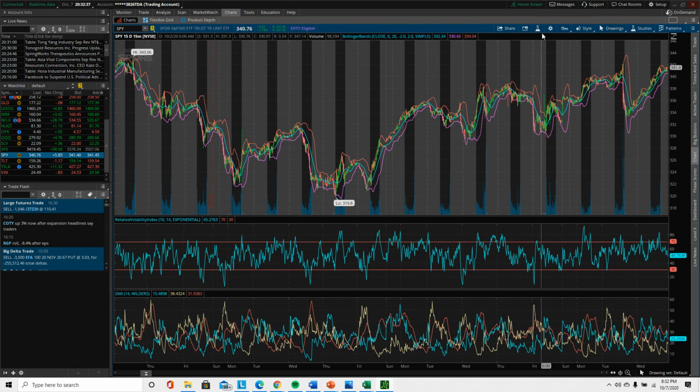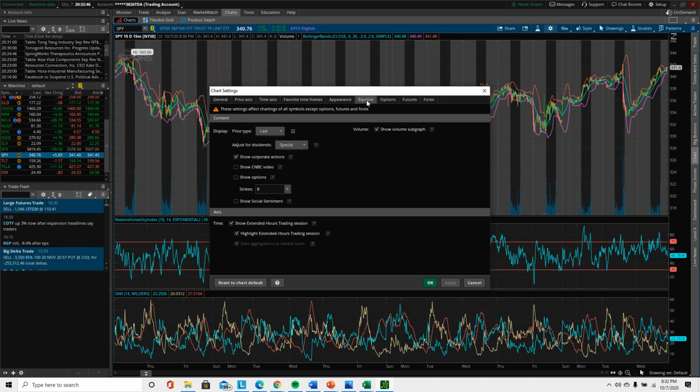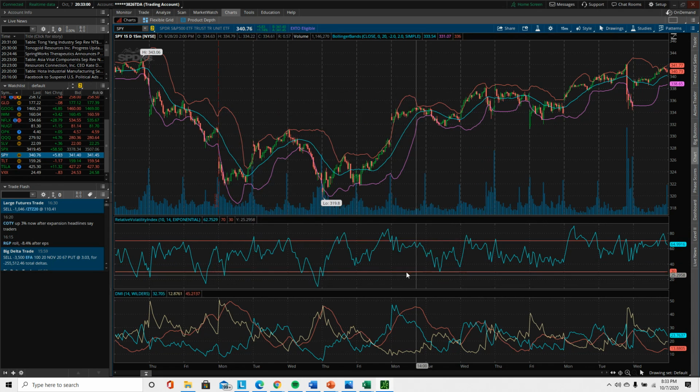For that reason, you can simply go back to chart settings. This is where we did the volume overlay, but instead go to equities and uncheck show extended hours. When you apply that, now you just have your 9:30 to 4 p.m. trading hours that you can look at. And it looks a lot cleaner.